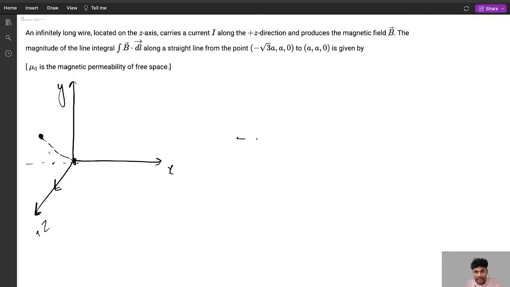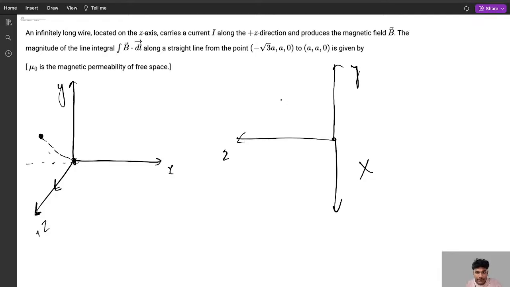This one is our z, this one is our y, and this one is our x, in the front. As the current is in the z direction, it is positive.